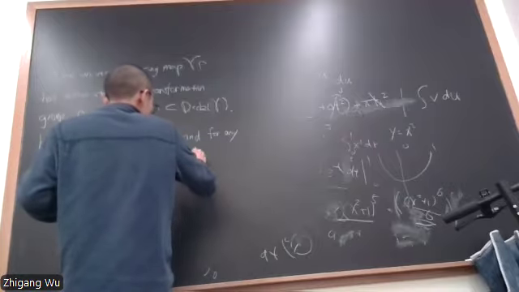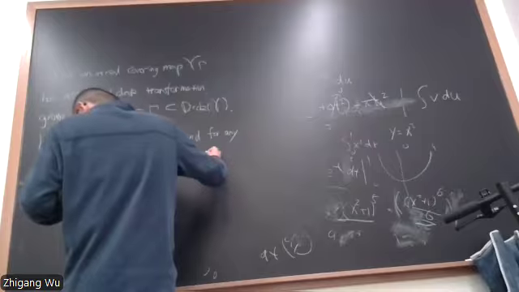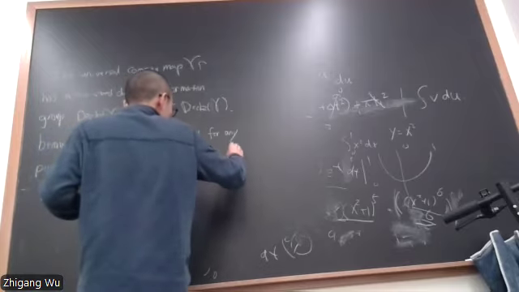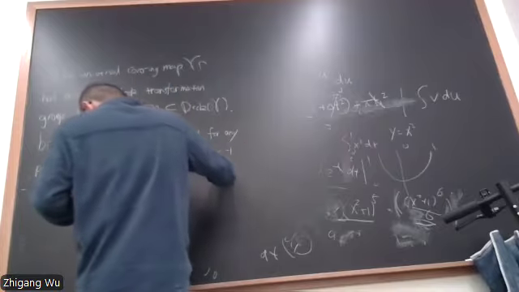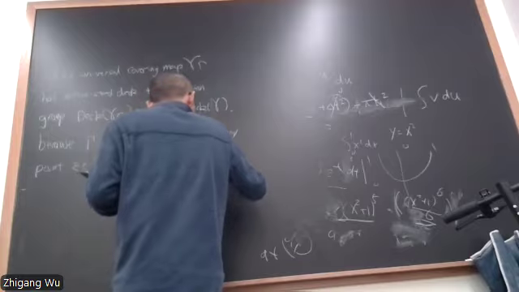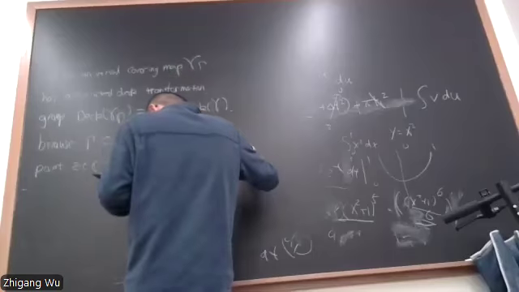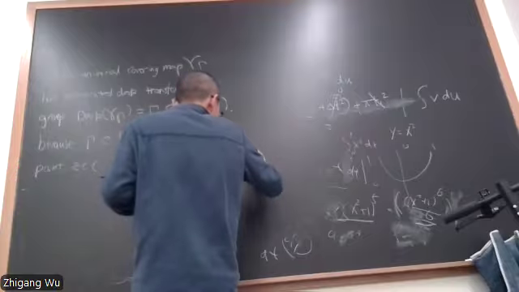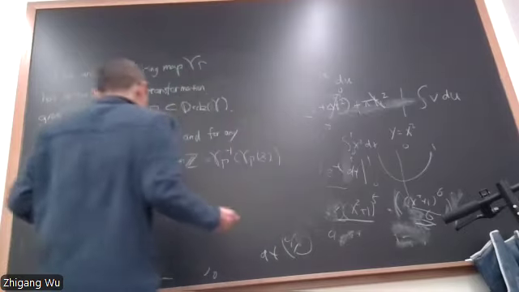Sorry, it's the integer Z, which is equal to the inverse of what I will call the rescaled exponential map of z.